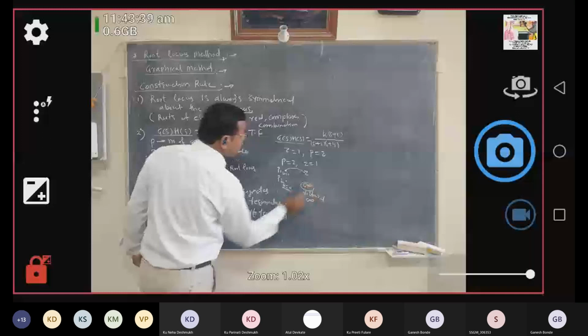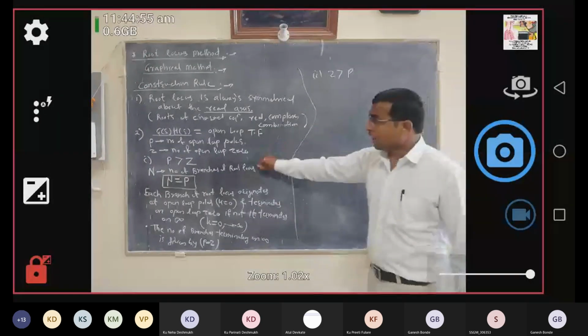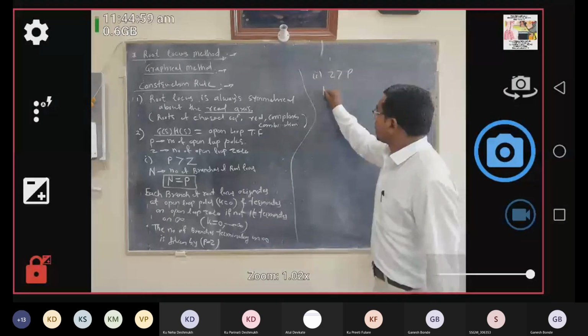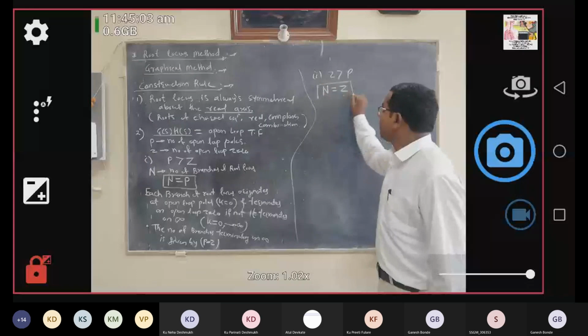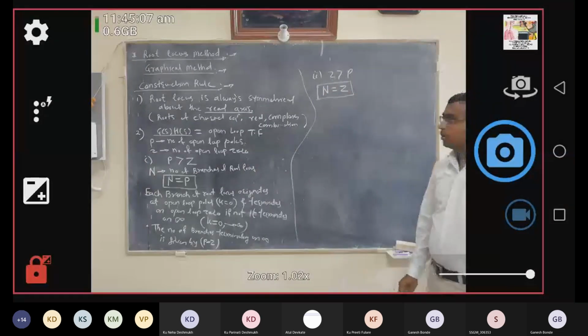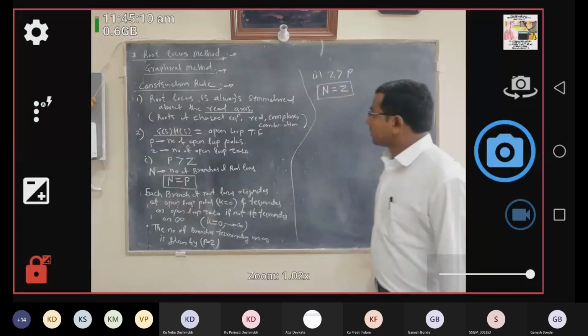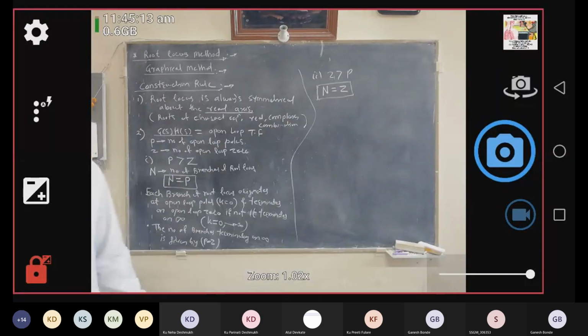Similarly, you can analyze the second case, Z greater than P. There may be a possibility that the number of zeros is greater than the number of poles sometimes. Here we have to find the number of branches N. Capital N is equal to the total number of zeros in the system when Z is greater than P. We know that each branch starts at poles and terminates at zeros.